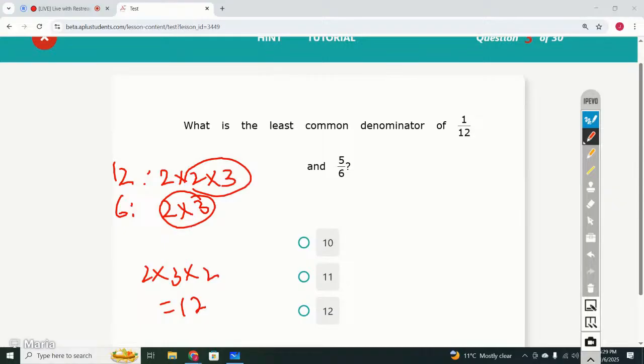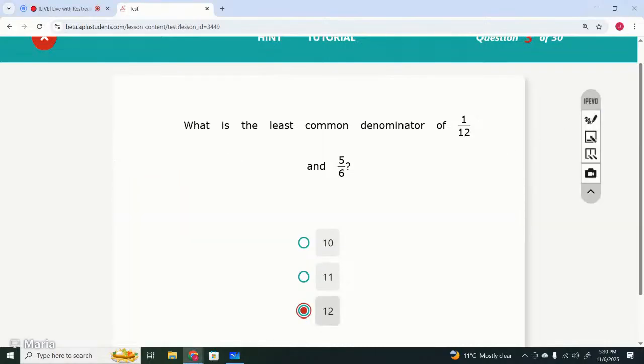So the correct option is 12. Option number 3 is the correct option. Got it?